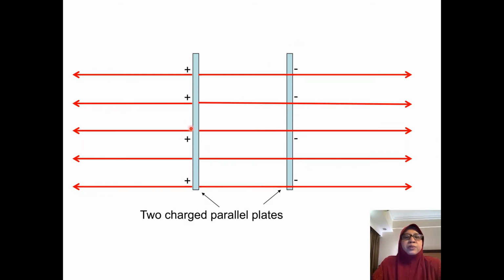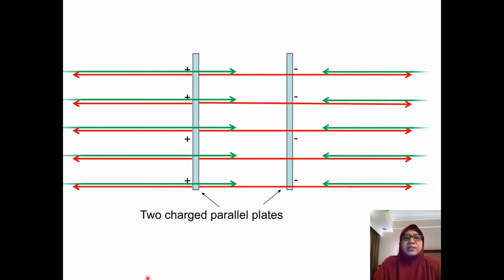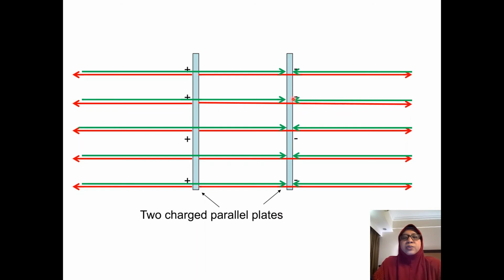Refer to the positive plate, the direction of the electric field, remember, is from positive, so to the left and another one to the right. Same goes for the negative plate: the direction of electric field is towards the plate, shown by the green arrow here, from the right side also.